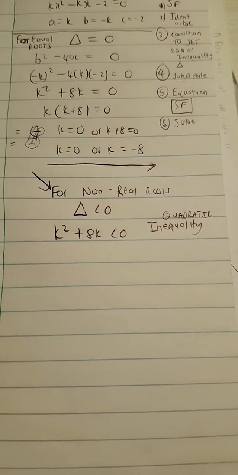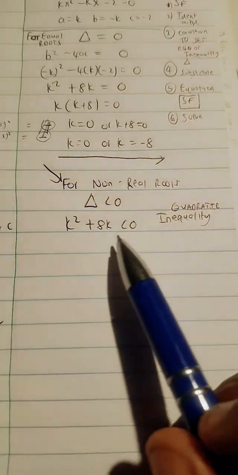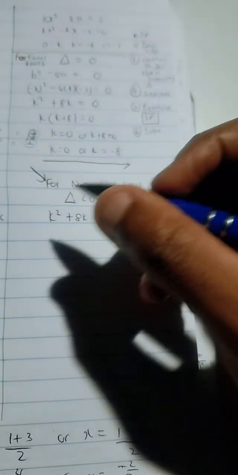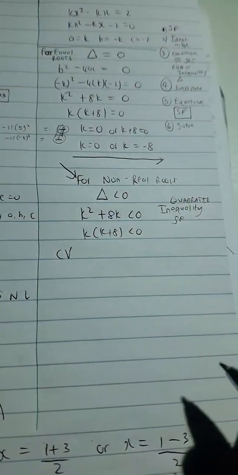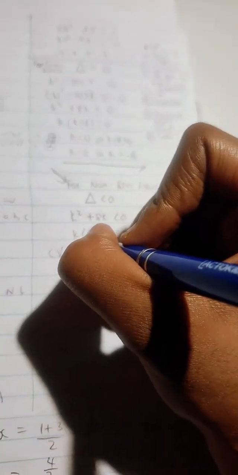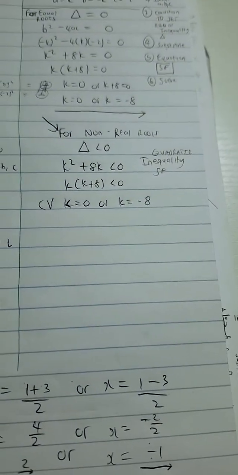Now, don't not use that particular method. The quadratic inequality must be in standard form. You then factorize. You then write down what we call your critical values. k is equal to 0 or k is equal to -8.